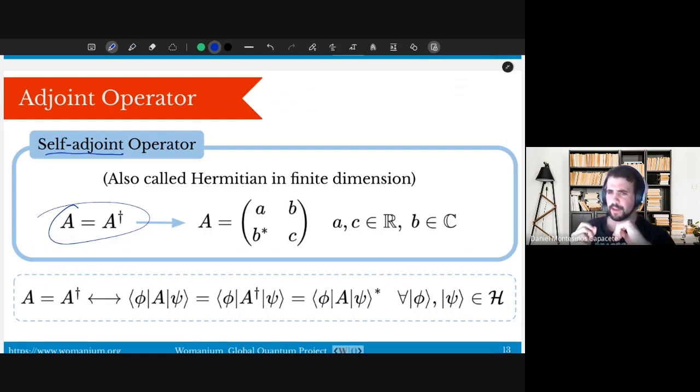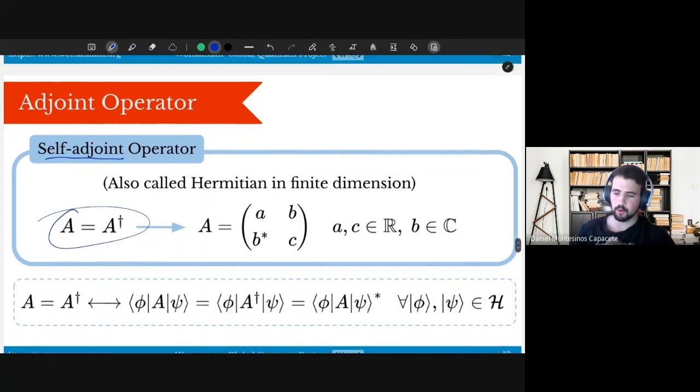You cannot define things like I'm doing right now, because when you are working with infinite dimension systems, you cannot use matrix representation. Some things get a little weird there. But for quantum computing, or at least what we are going to do in this introductory course, we are not going to need that. So we just work with this.